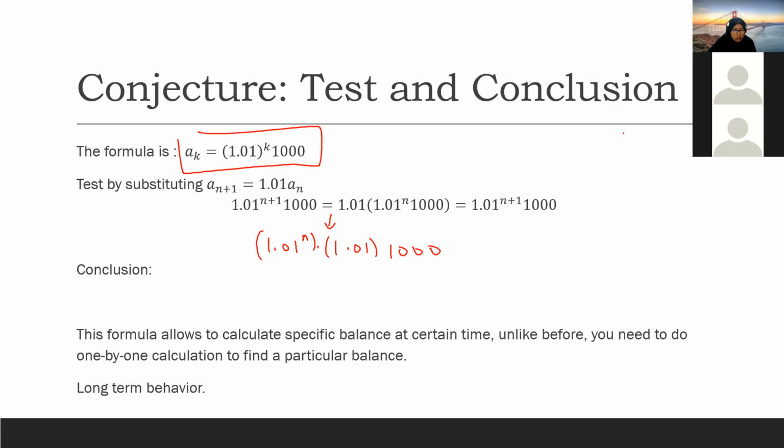Okay, so what's the advantage of this one? The advantage compared to the previous proportionality or the difference equation that we did before, this formula, so A of k equals to, let's say, R to the power of k times A naught, allows us to calculate specific balance at certain times.